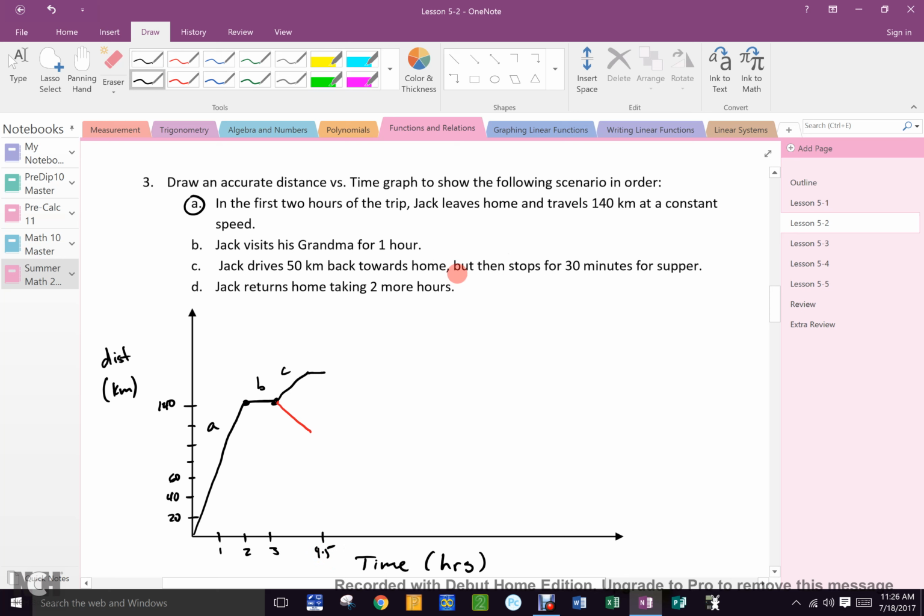Now I drive home for 2 more hours. So where does the line go from there? Up. And I go 2 hours. How far does this have to go up? Well, I drove 140. I drove home 50. So this has to go up how far? No. I've already driven home 50. So 90. This has got to go up 90, and this has to be 2 hours. Is everybody good?